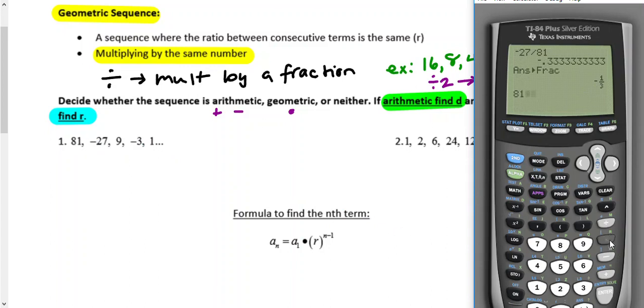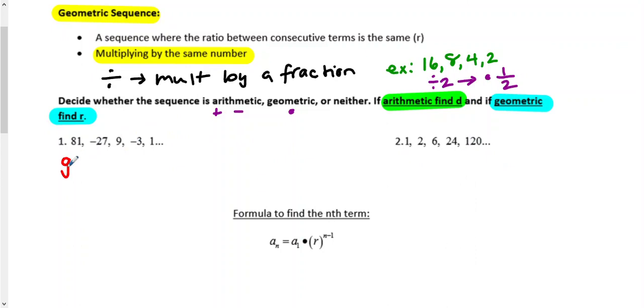So 81 times negative 1/3 should give me negative 27. It does. Now if I multiply that again by a negative 1/3, I get positive 9, so on and so forth. So in this case, we would say it is geometric, and that R equals negative 1/3.